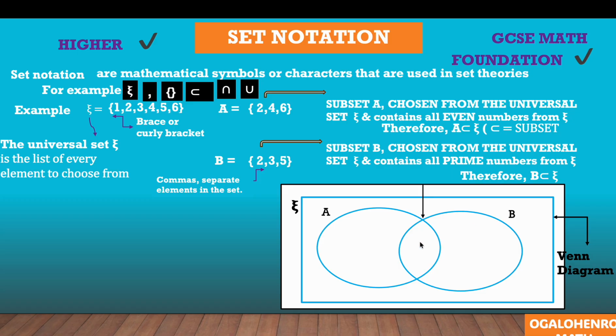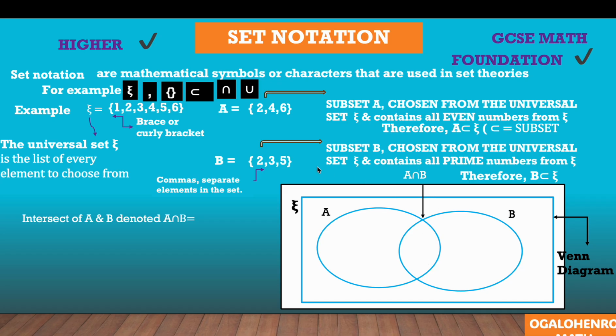The intersection of A and B is denoted by A intersect B, looking at the set notation for the intersection. We can use this arrow to show that this space is the intersection.